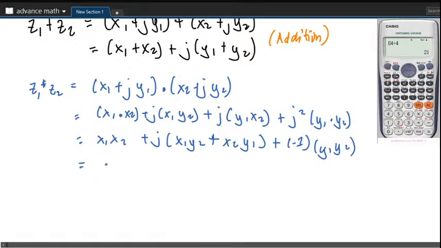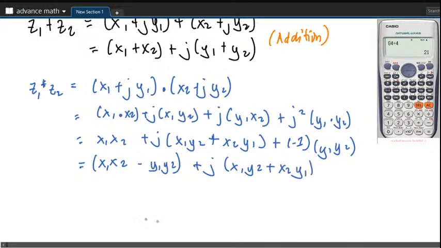Then simplifying further, we could have x sub 1 x sub 2 minus y sub 1 y sub 2 plus j times x sub 1 y sub 2 plus x sub 2 y sub 1. That is the product if we will multiply two complex numbers.